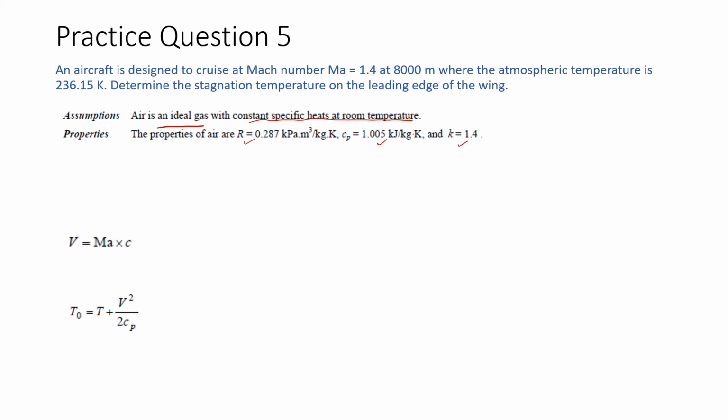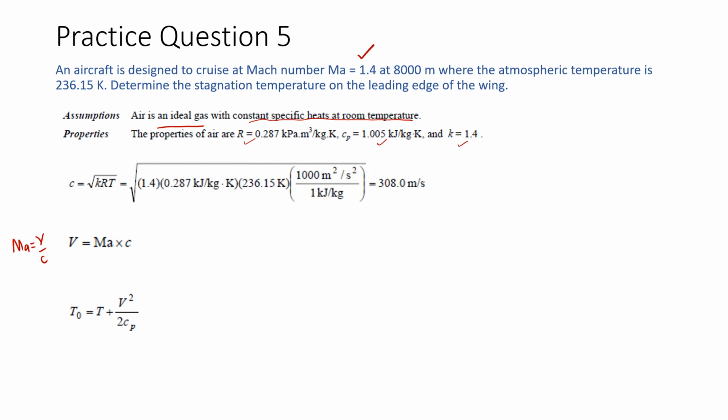We find velocity first. Velocity is Mach number times sonic velocity, sonic speed, from this equation. And to find this, we need C. We have Mach number, yes, but we don't have C. So we find C first.